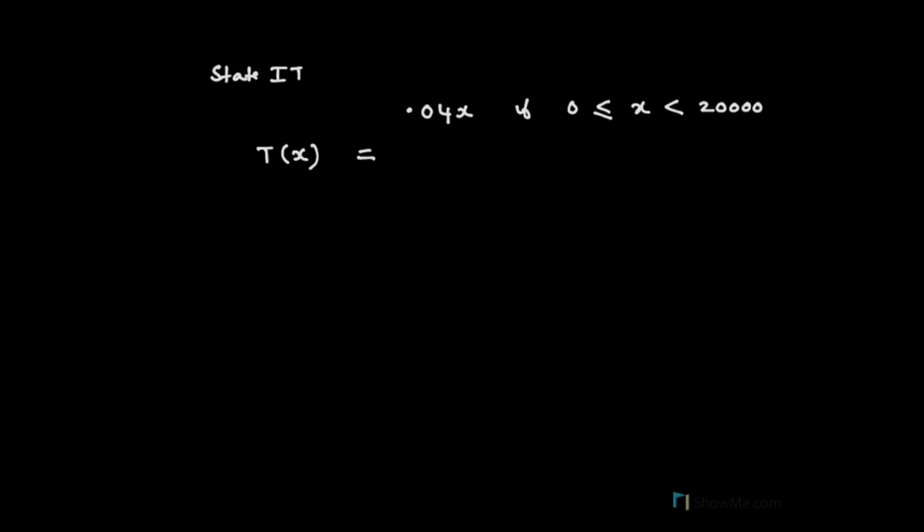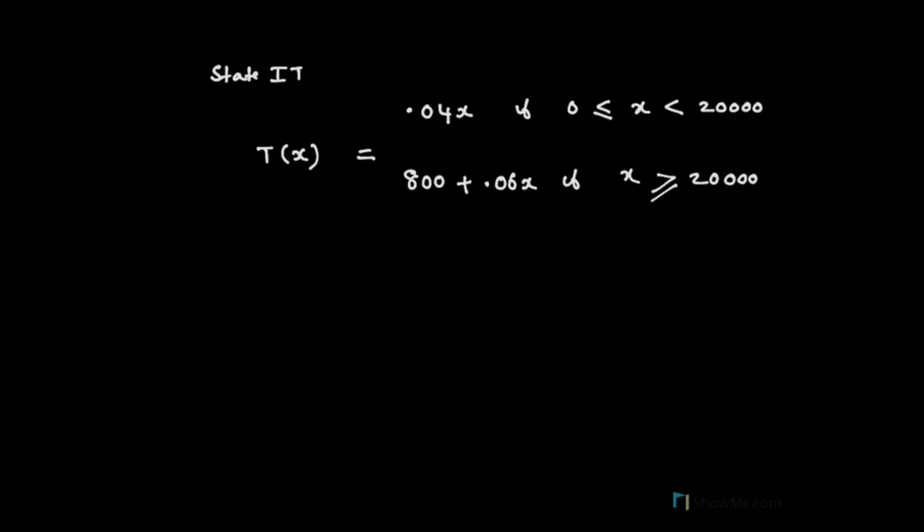So less than 20,000, this is the tax. However, it is 800 plus 0.06x if x is greater than or equal to 20,000.